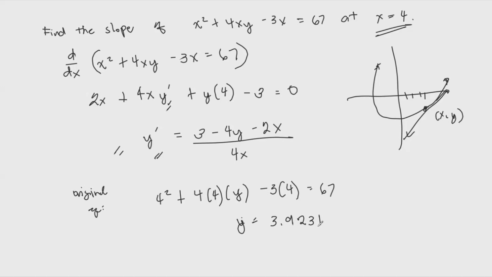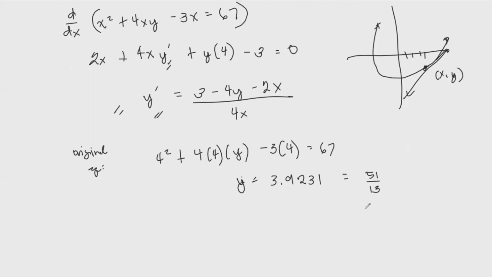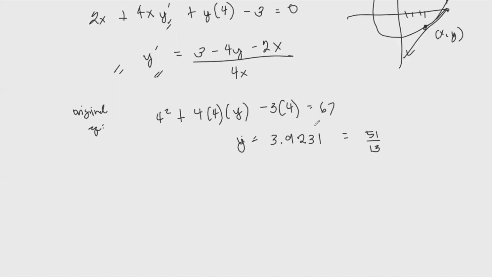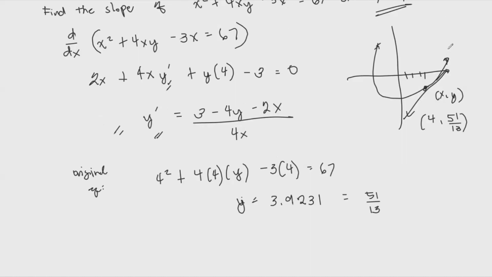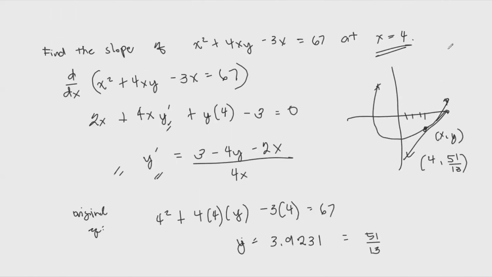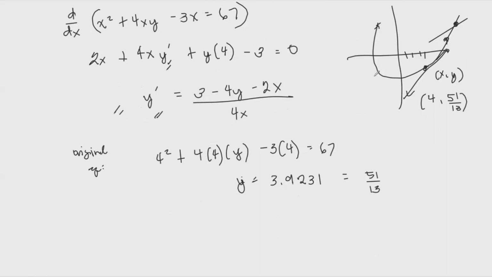So to give you an exact value, that will be 51 over 13. So in this case, since we already have x and y, the point here would be 4 and then 51 over 13, and that's an incorrect assumption of the point. That should be here, but I just told you that it's just an assumption.